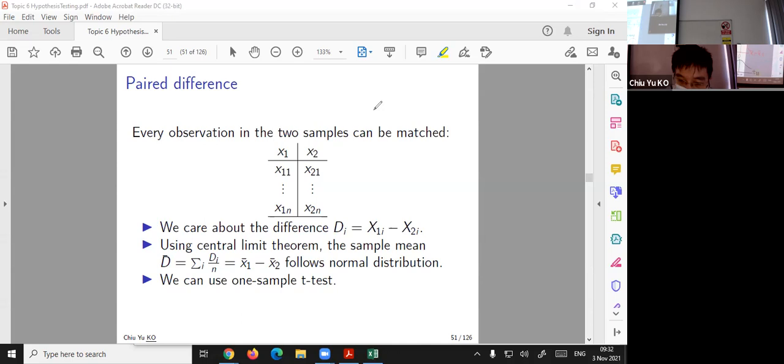So this X11 is the first individual before vaccine, the first individual after vaccine. This is the nth individual before, the nth individual after.